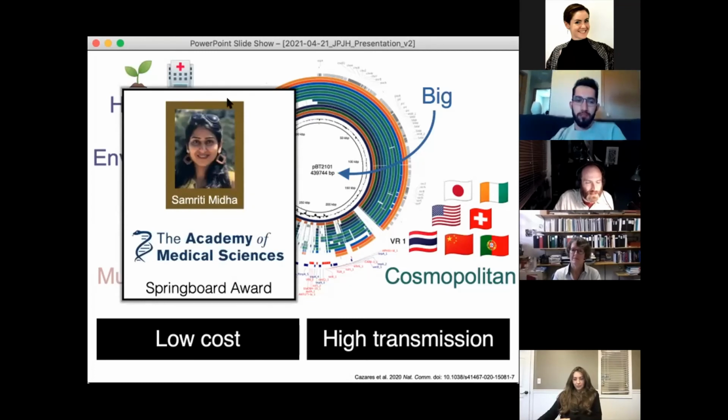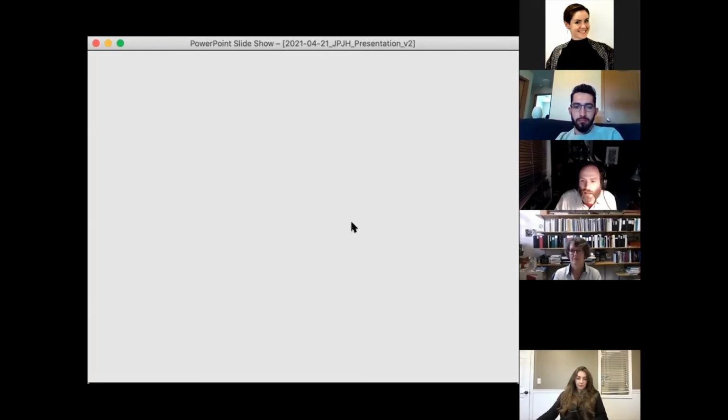And Sam Riti is a new postdoc on this project who's been doing a really great job getting the experimental side sorted out. We've got some of these plasmids labeled with fluorescence genes so that we can actually track their maintenance and transfer now in communities and in individual strains.